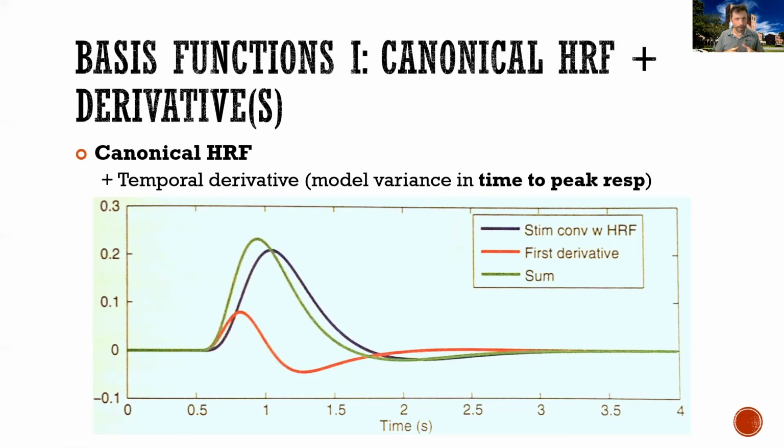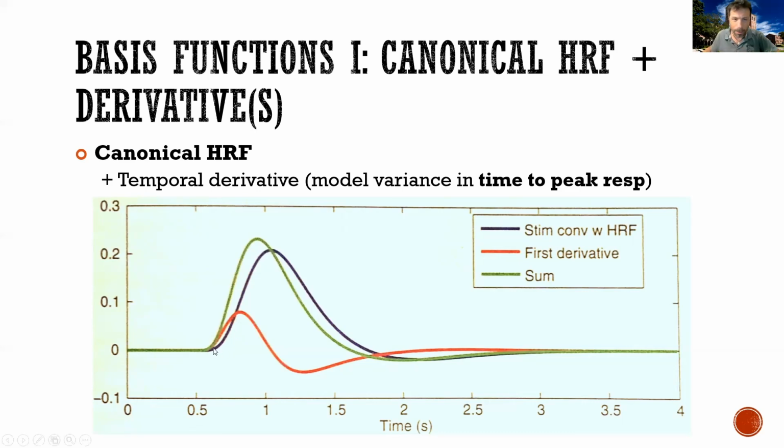So in other words, instead of saying your response has to look like the blue line, we're saying, well, we can shift the blue line to better match your specific HRF by using a combination of two functions. So instead of using one function to approximate your response, we use a combination of two functions. And this is wonderful because it gives us much more flexibility. It allows us to move around the blue function.